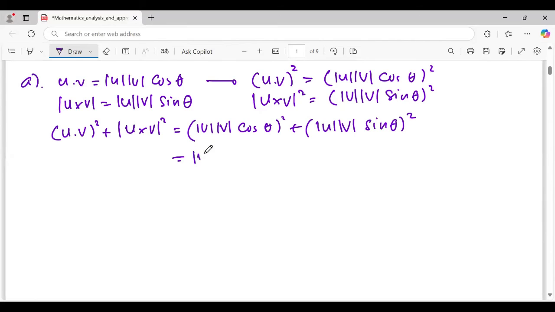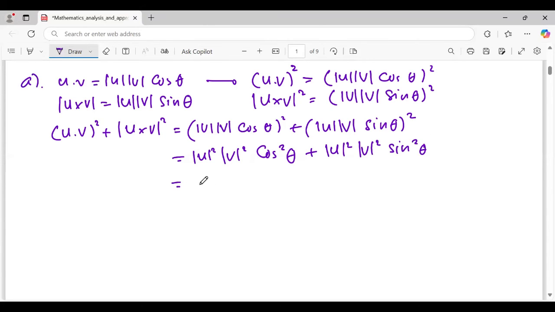That is modulus u squared modulus v squared cosine squared theta plus modulus u squared modulus v squared sine squared theta.